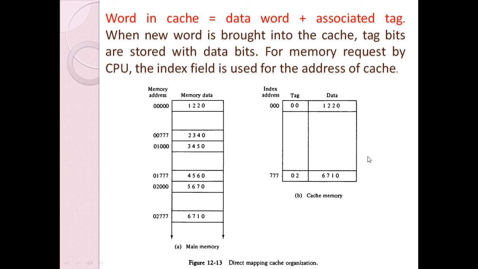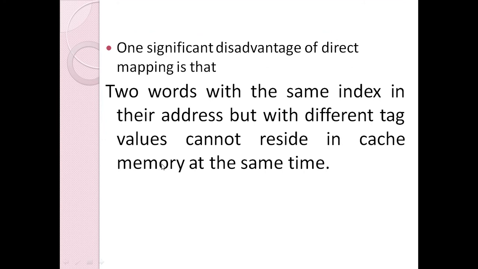If we are implementing using direct mapping, then only one such word can reside in cache memory which has the same index but different tags. This is what I have said here.